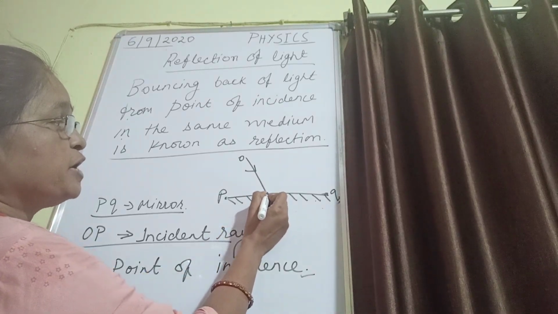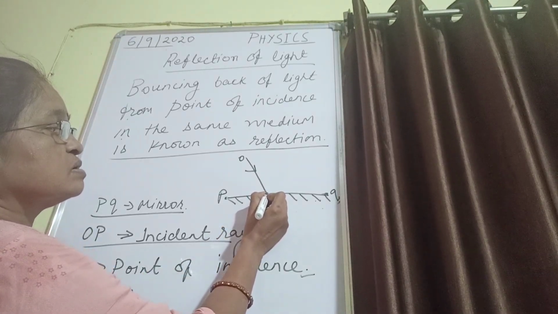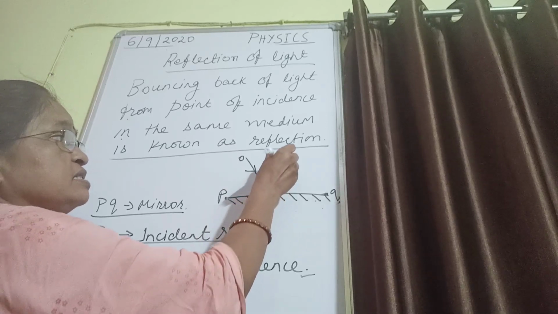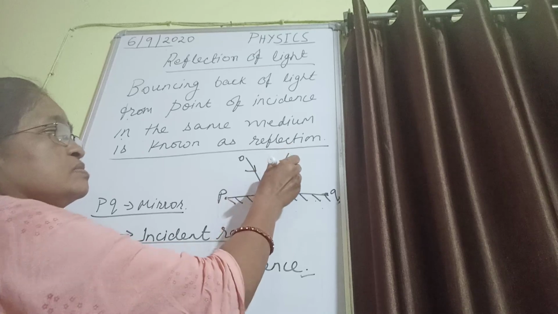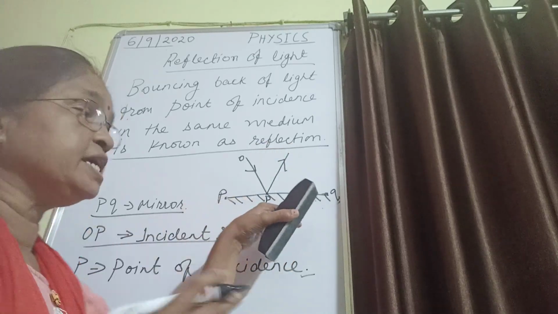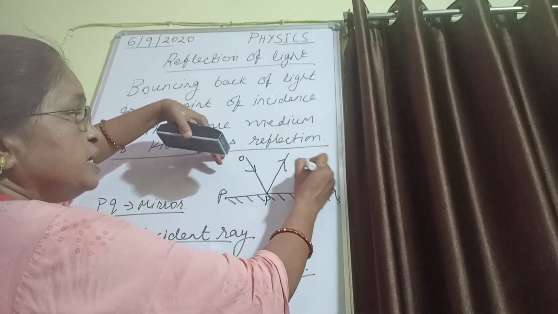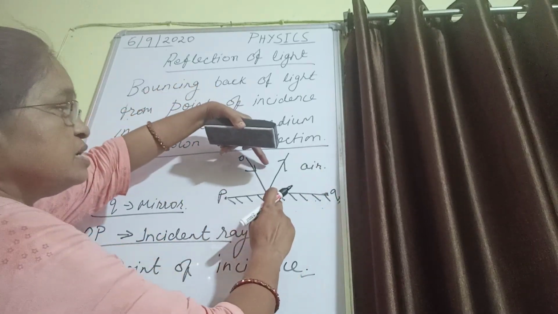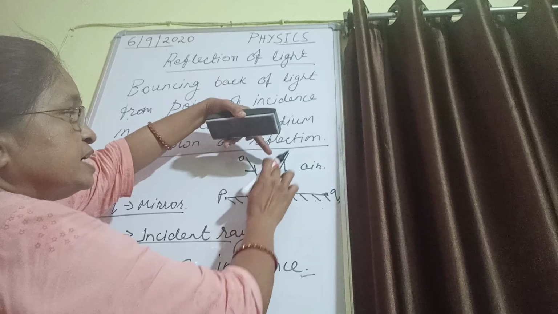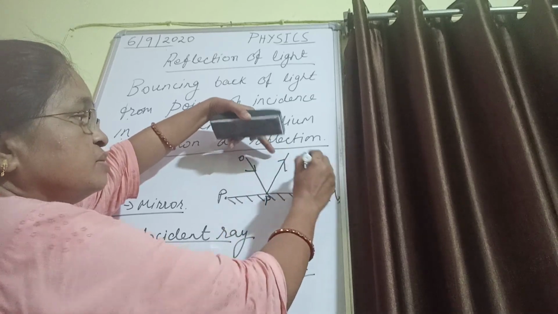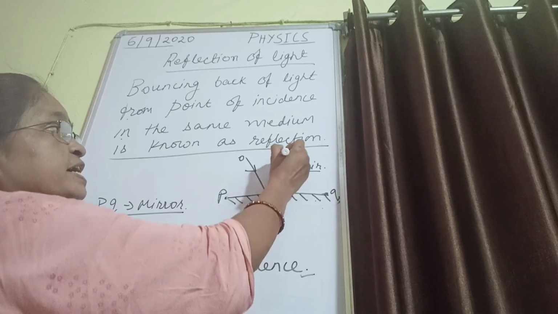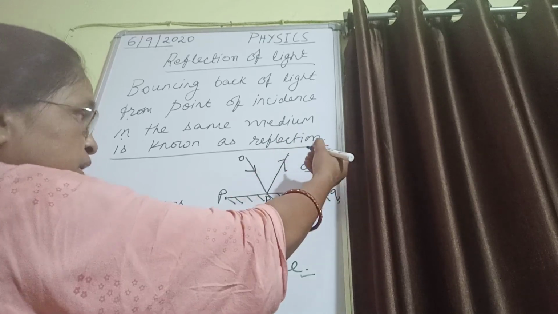Same here, from the point of incidence, when the ray is bounced back in the same medium, see this medium is air. The incident ray is in the medium air, the reflected ray is also in the medium air. So from the point of incidence, the ray is reflected back in the same medium.